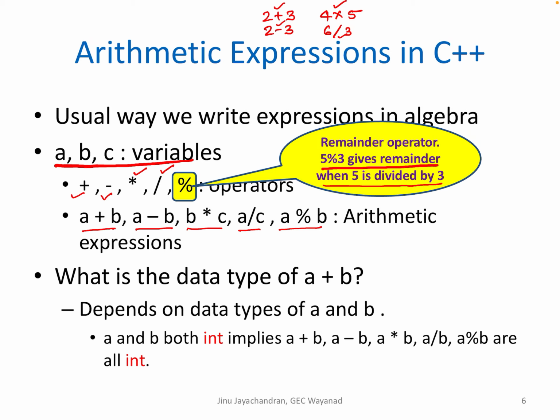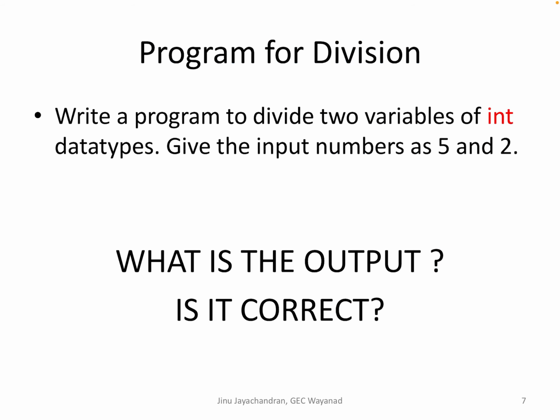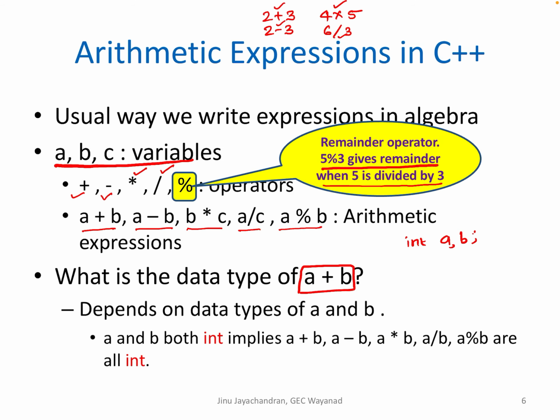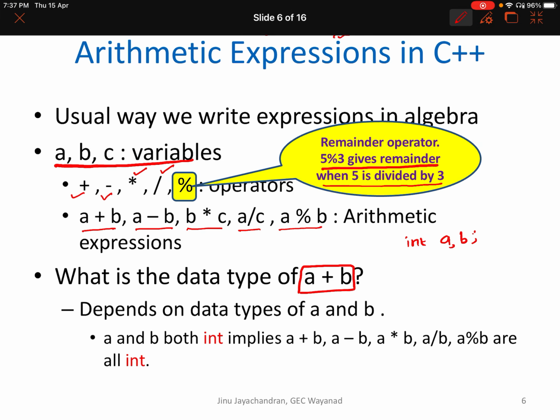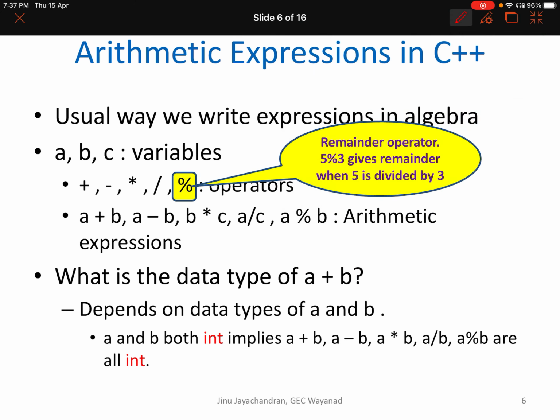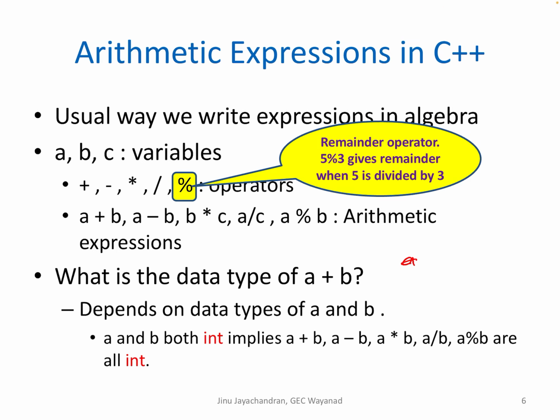Now the question is, what is the data type of A plus B? Usually when you write the code, you say int A comma B. Okay, and let's say I have another variable called C. Let's say int A, B, C, and I say C is equal to A plus B. So if A and B are int, what is the data type of A plus B?